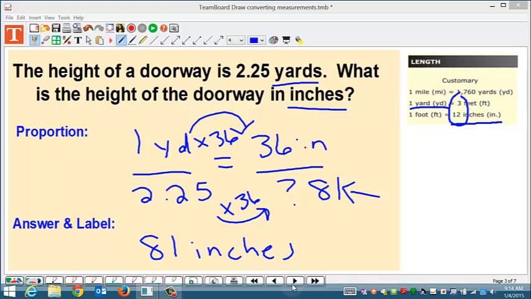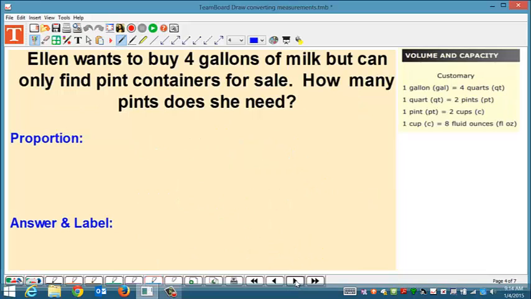Okay, one more example. Ellen wants to buy 4 gallons of milk but can only find pint containers for sale. How many pints does she need? So we're going from gallons to pints. So look at our chart.